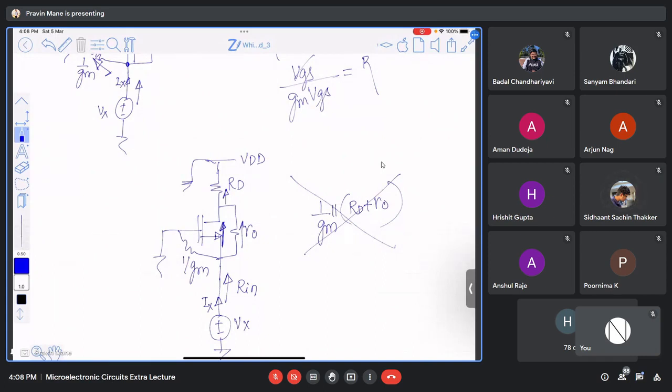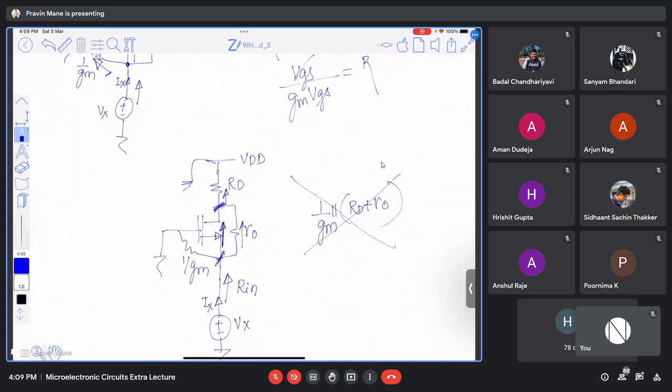It is Gm into VGS. And what is the current flowing through RO? It will be Vx minus the voltage at this point, divided by RO. And the sum of them is equal to Ix.